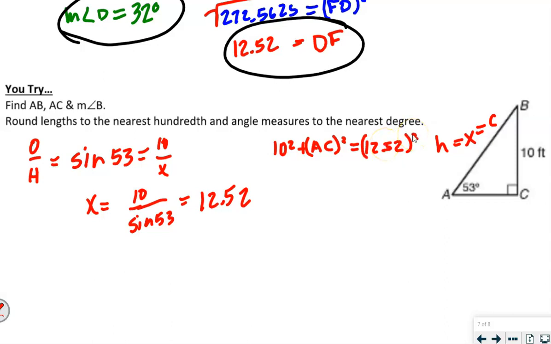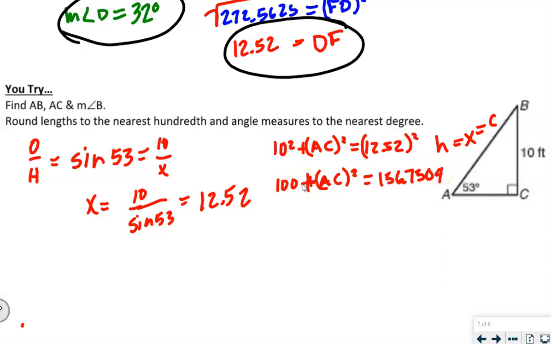Okay, so when we do that, obviously 10 squared is 100, so that's plus our AC squared, and that's equal to, if you do 12.52 squared, that's going to give me 156.7504. We're going to subtract 100 from that.